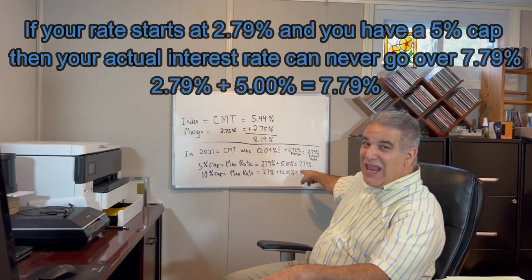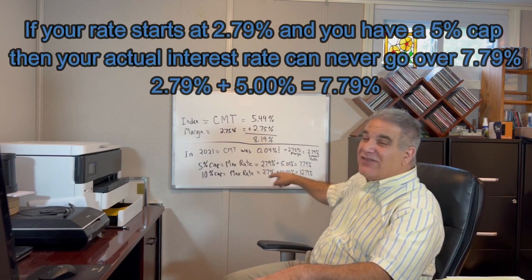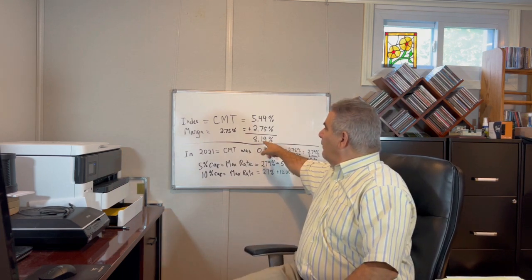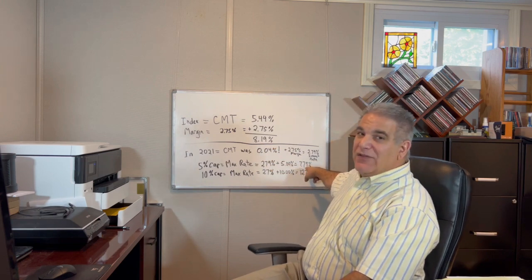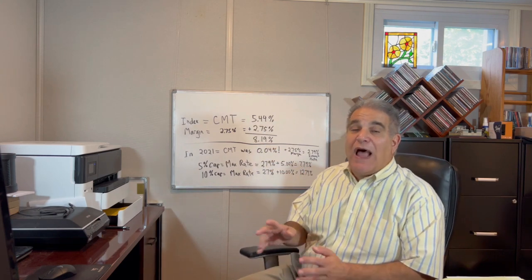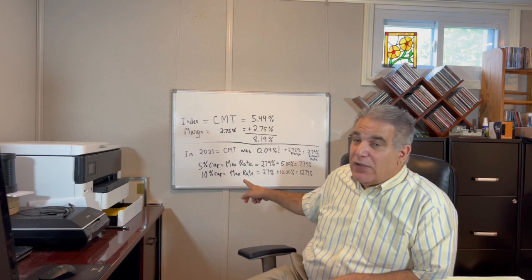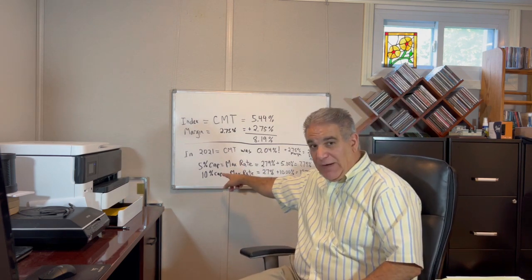The highest you could ever go in the life of your loan is 7.79%. So this month, when you got your statement, everybody else would be getting 8.19. You'd be paying 7.79. Not a huge difference. But what if rates keep on going up? Everybody else is stuck with paying the higher interest rate. Not you, if you took the 5% rate cap.